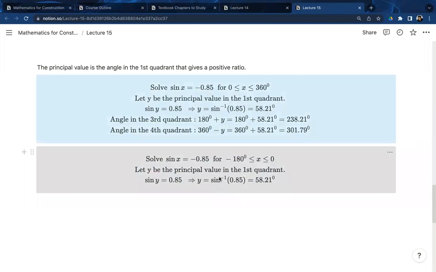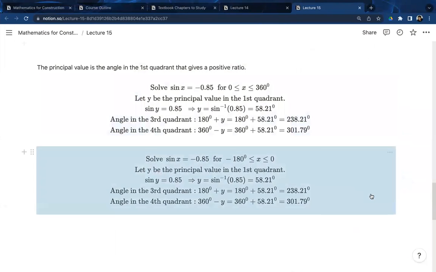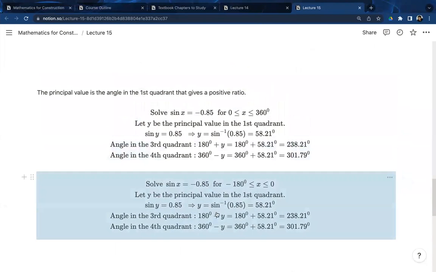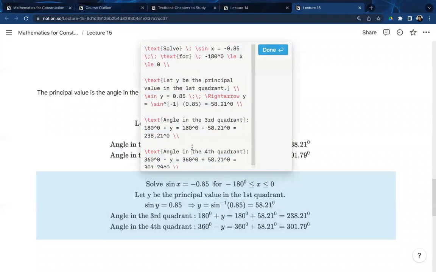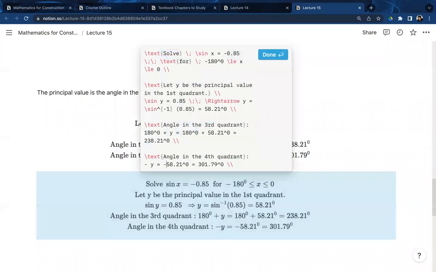Here, I could come now and say, down here, we know it's in the third quadrant and the fourth quadrant. However, for this domain here, for a fourth quadrant angle you wouldn't need to subtract it from anything. The fourth quadrant angle is just negative y, so it's just negative that, and that's the answer.